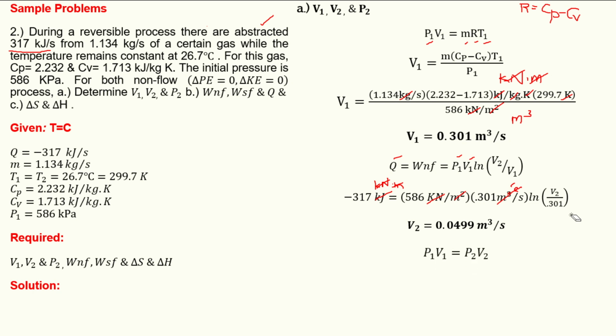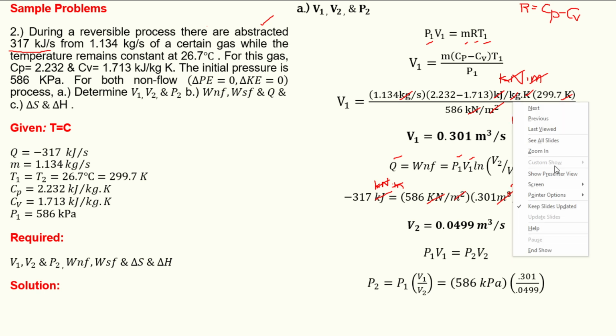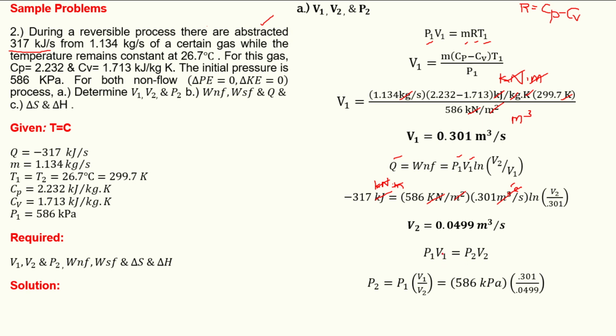Okay, solving for P2, we have P1 V1 is equal to P2 V2. Ito yung pinakaunang dinerive natin na formula. Then, cross-multiply natin to. Makukuha natin yung equation na P2 is equal to P1 V1 over V2. Since kompleto naman yan, direct sub lang. So, P1 is 586, V1 ay 0.301 cubic meters per second, and the V2 natin ay 0.0499 cubic meter per second.